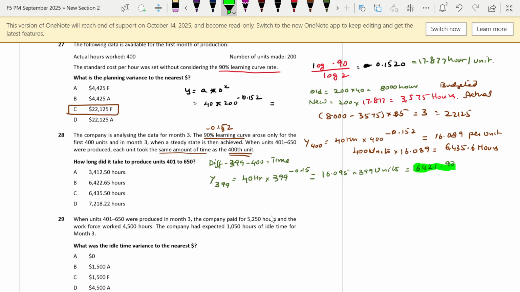We have to take this. Is there a difference? How much is the difference?